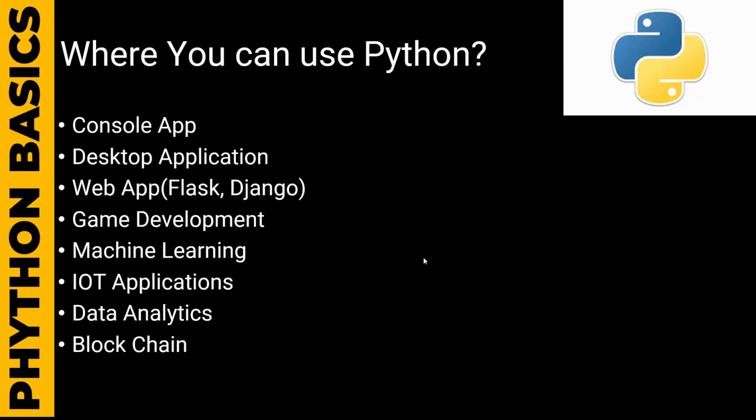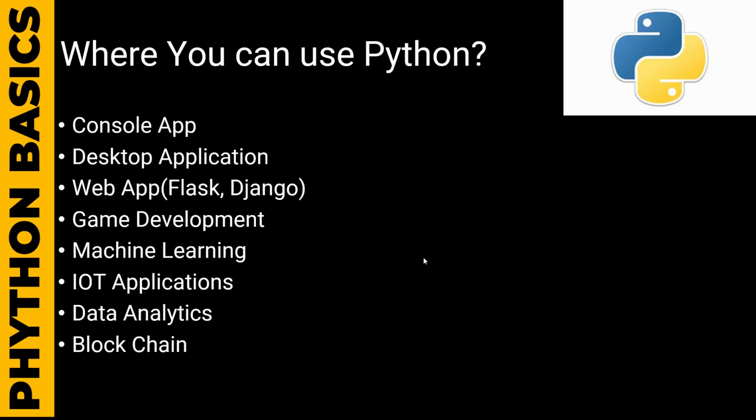In this slide, we are going to learn where you can use Python. Basically, we can create a variety of applications with Python. You can create console apps, desktop applications, and also web applications, and Flask and Django are very popular among developers. Then there are a couple of game engines available, so you can use it for game development.